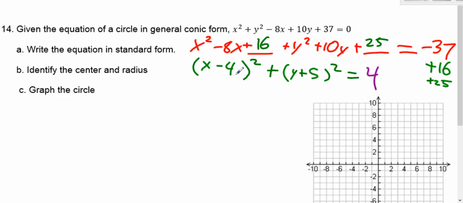For the center, you just have to change the signs. So the x-coordinate of our center is 4. The y-coordinate is -5. And then the radius, remember this is radius squared, so that means the radius is 2.